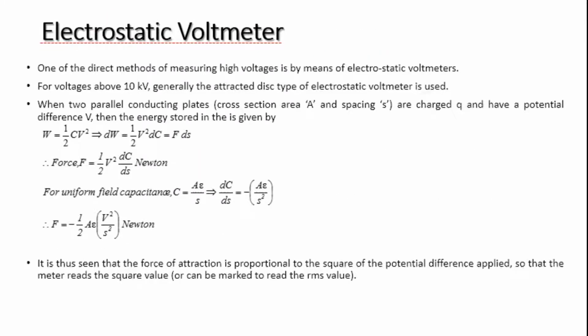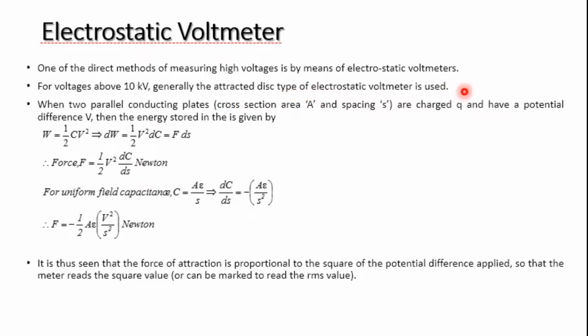Then next, coming to the concept, we have the electrostatic voltmeter. This is one of the methods for direct measurement of high voltages by means of electrostatic voltmeters. For voltages above 10 kV, generally this type of electrostatic voltmeter can be used.